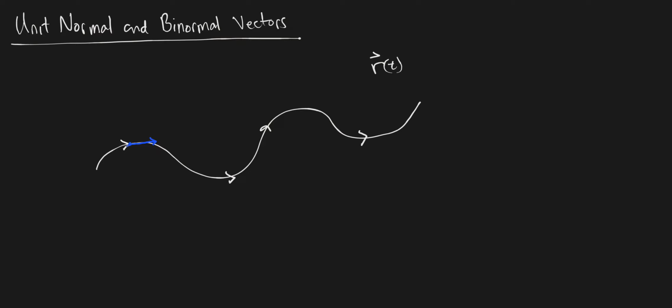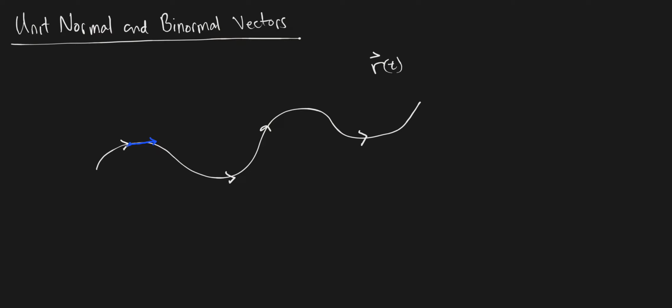So, the unit vector that is orthogonal to both T and N. So the unit vector that is orthogonal to both our unit tangent and our principal unit normal is called the binormal vector.